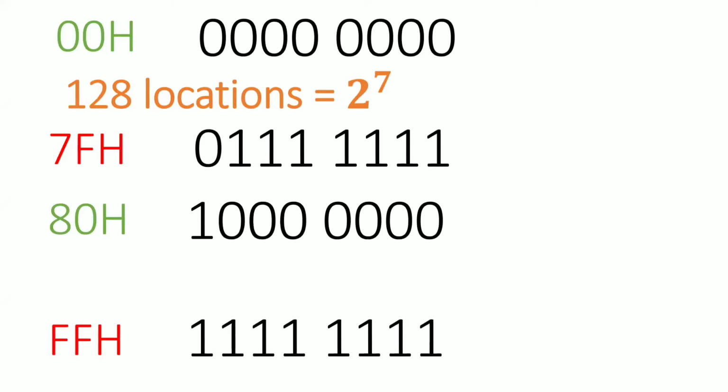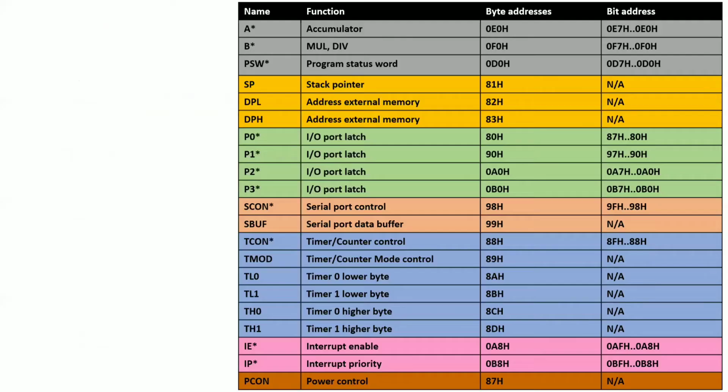We are using only 00 to 7F in the internal RAM structure, but we are using 8-bit addresses, which would give a maximum of 256, while here we use only 128. What about the remaining 128 locations? To make use of these remaining addresses, all the special function registers are assigned special addresses.